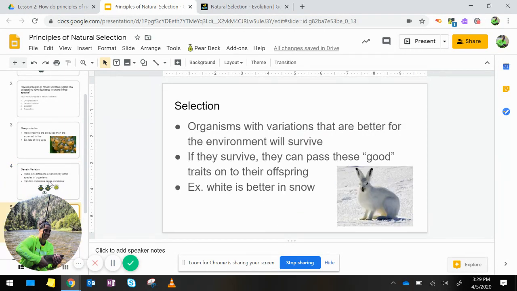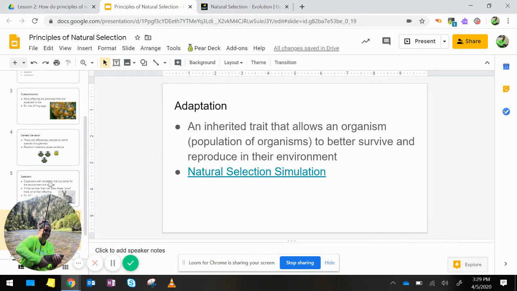Selection, so the environment, there's some type of selection factor where one of the variations is going to be better than the other. And adaptation, over a period of time, those better variations, those better traits are going to allow organisms to survive and reproduce, and that will change the population of organisms over time.